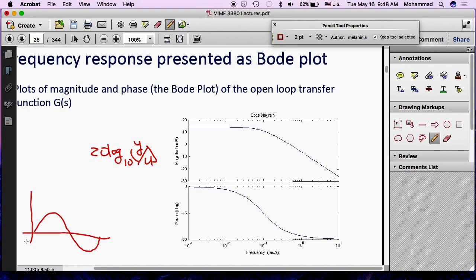Can you see that? So this is 90 degrees. If the phase of output is behind the phase of input by 90 degrees, which is the meaning of negative 90 degrees, it means your input is here, but your output is trying to catch up. It's back there. That is the meaning of phase shift between input and output.